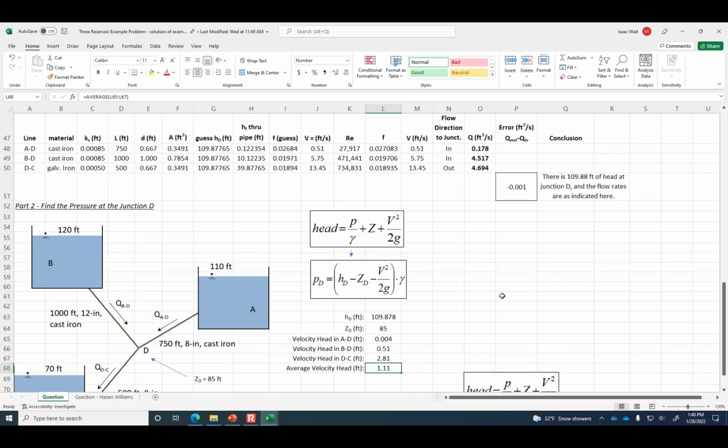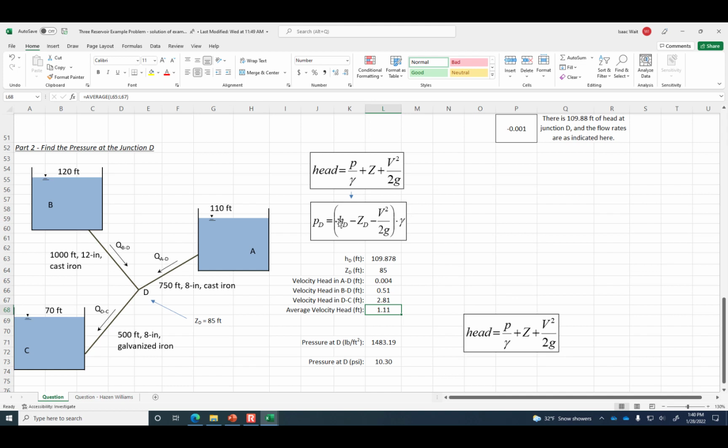So we're going to use now this formula to calculate the pressure at D. So the pressure at D is the total head at that location, minus the Z at D, minus the average velocity head at D, and then all of that is multiplied by the unit weight of water, which in traditional units is 62.4.